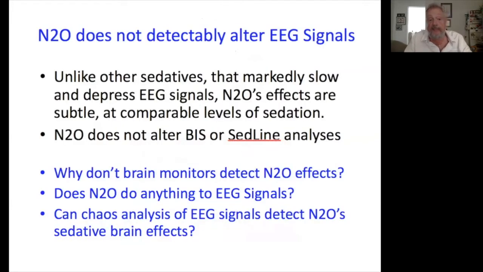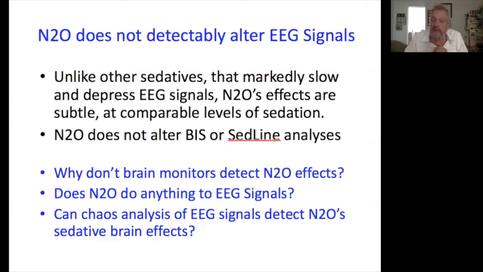So nitrous oxide is weird because unlike other sedatives, it doesn't markedly slow and depress EEG signals. Other agents like propofol, for example, produce large amplitude slow waves known as delta activity that is very similar to what you see in slow wave sleep. Nitrous doesn't do that at comparable levels of sedation compared to, say, propofol.